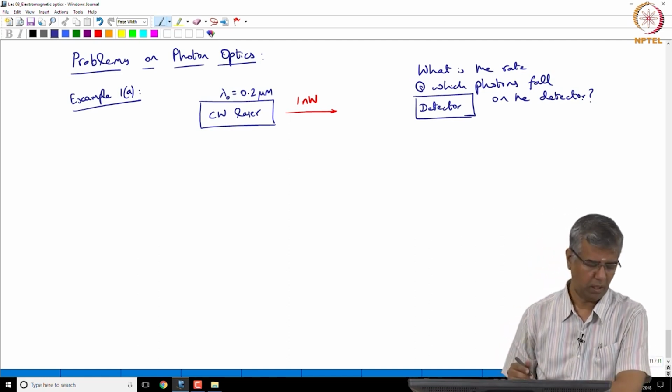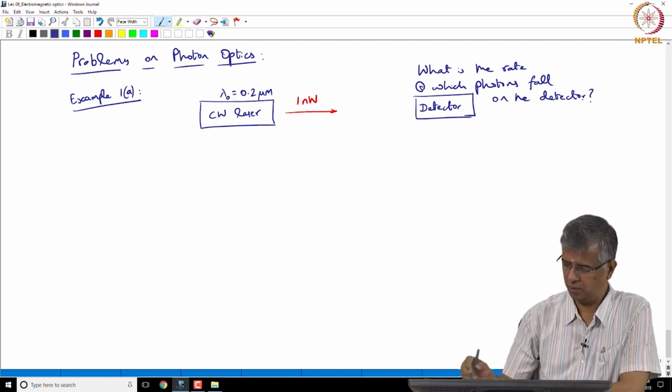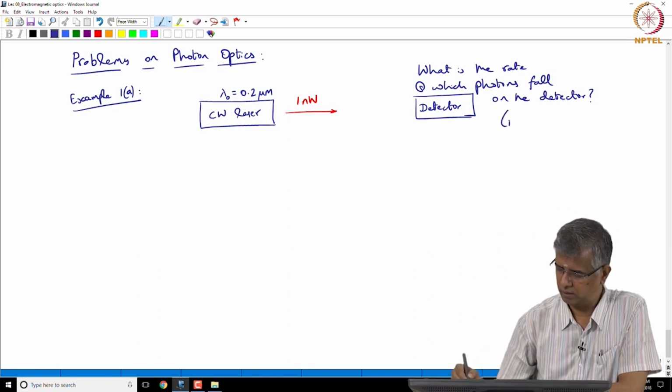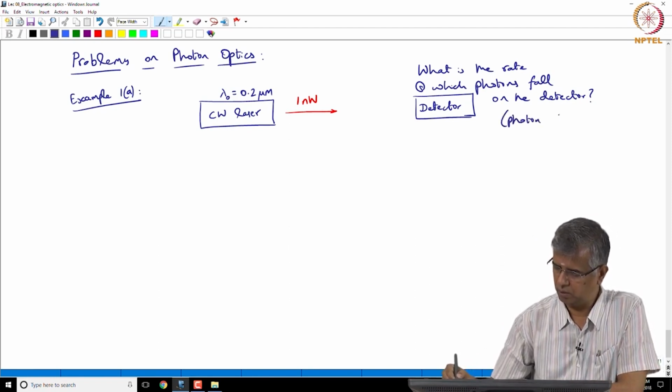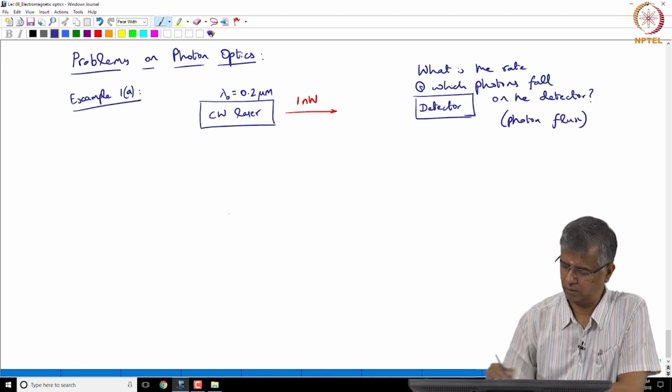So for example, here what you are asked is the photon flux.